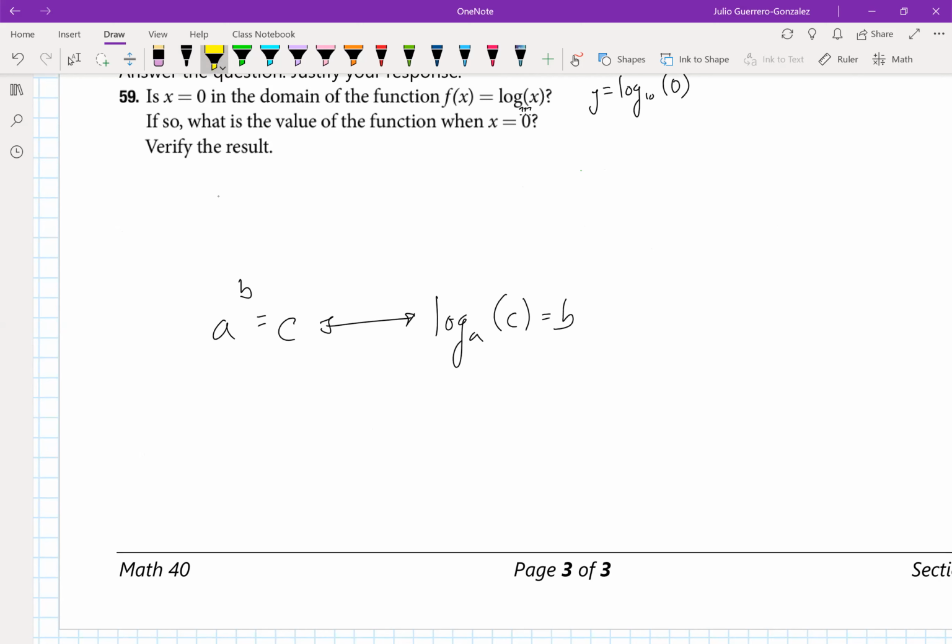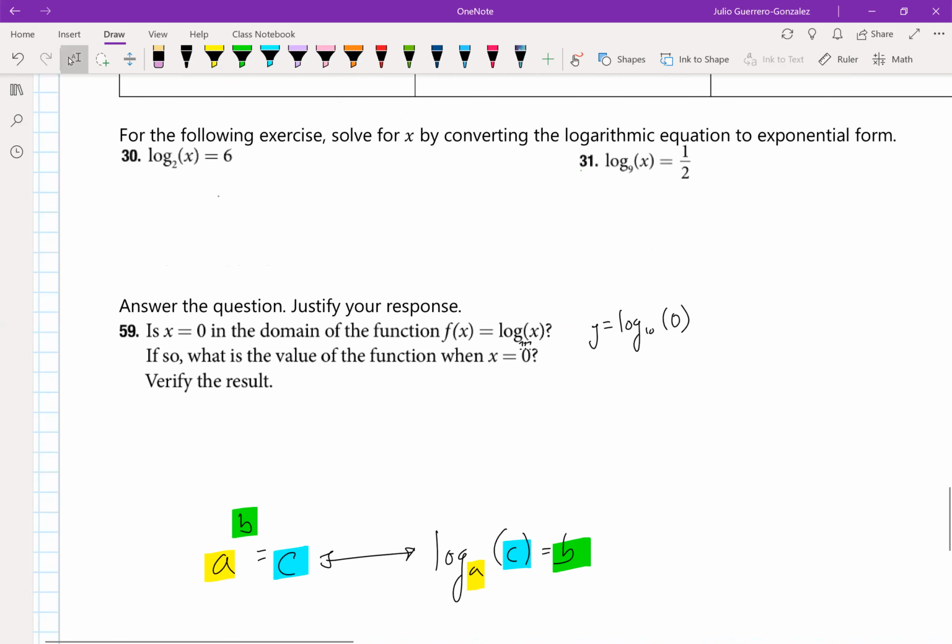So that to that power is equal to c. Oh, so it'd be log to the base 2, and then the c would be the 6.